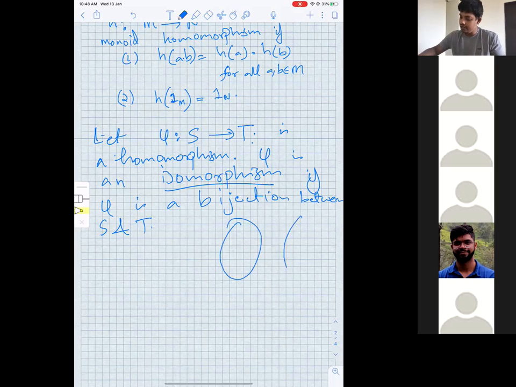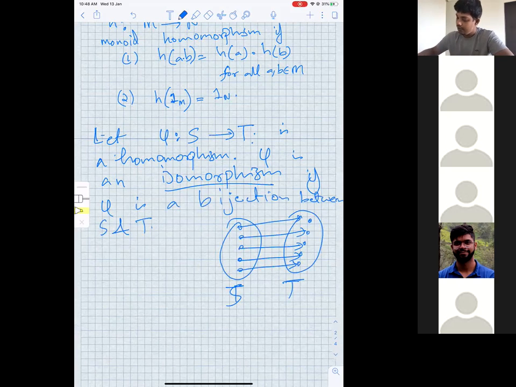So what does this mean? I have S and I have T, S has these elements, T has these elements, and phi is a bijection, a one-to-one mapping, injective and surjective, between S and T. Furthermore, if I multiply two elements here, the operations in S and T match. That's what homomorphism means. So S and T are kind of renamings of each other.